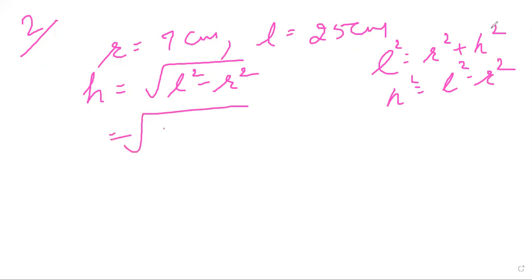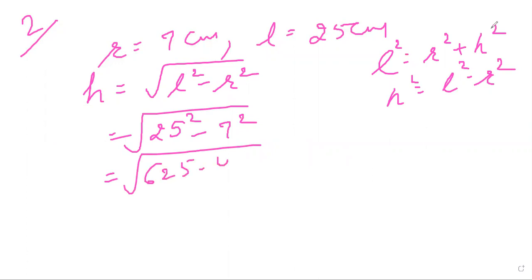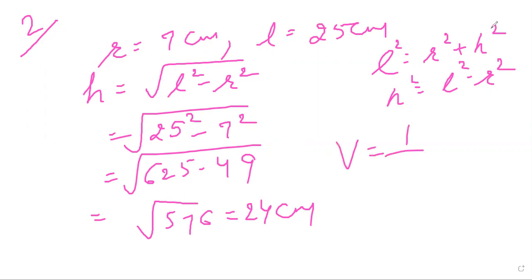So L here is 25. 25 square minus 7 square, 625 minus 49, is equal to square root of 576, which is 24 centimeter. Now this is the height of the cone and you have to find out the volume. So you can find the volume by using the formula 1 upon 3 pi r square h, as now we have r and h both.